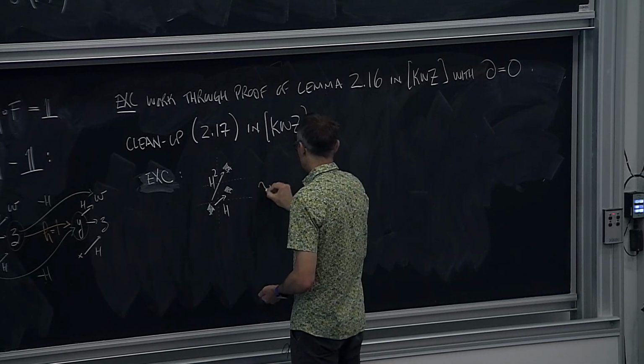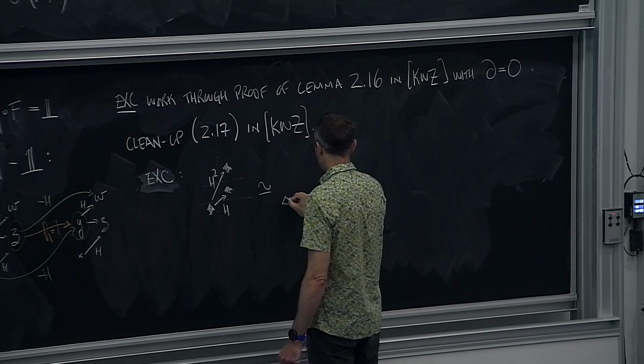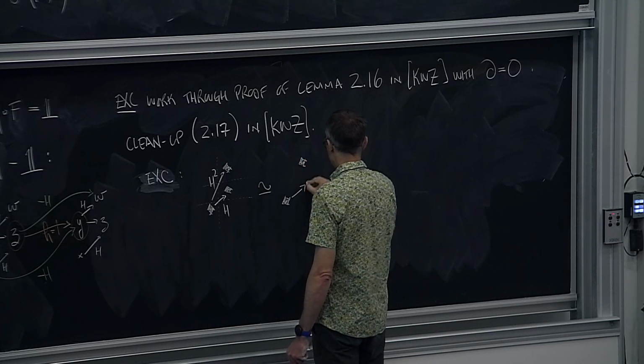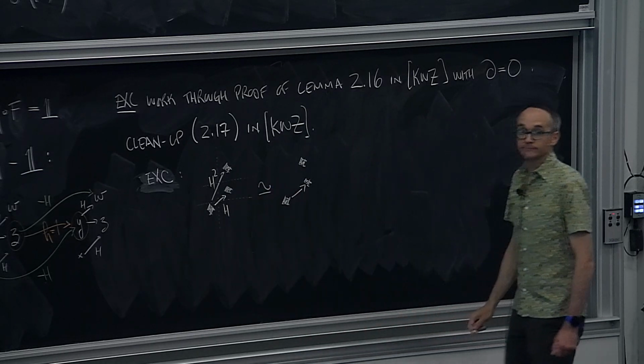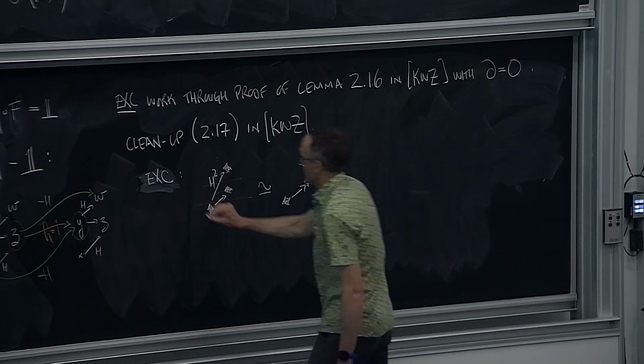This, I claim, is homotopy equivalent. It is possible to get, up to homotopy, rid of the h squared. Okay? So that's number one.